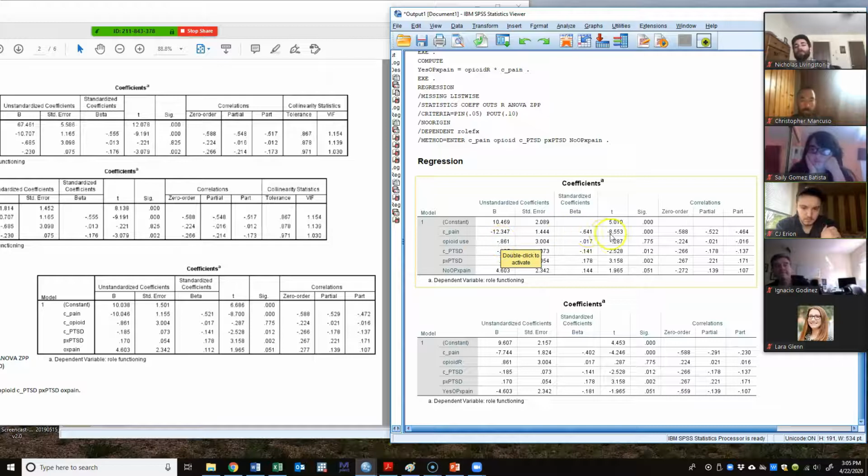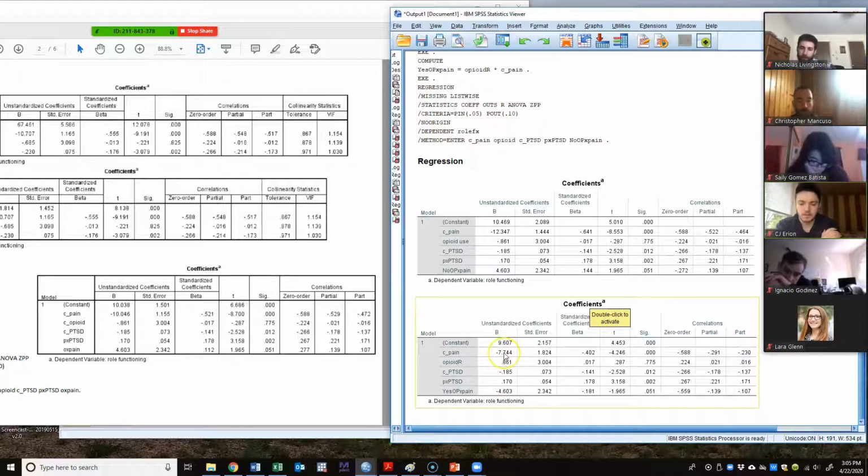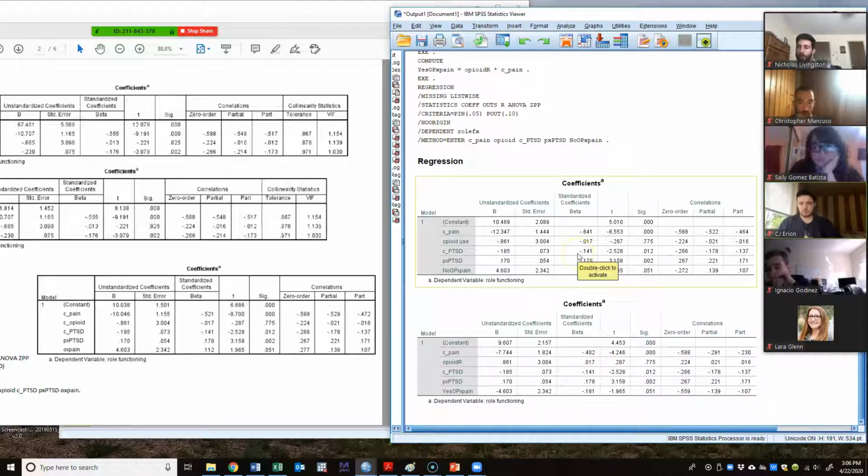And so we see a standardized coefficient of negative 0.641, which is really strong. And we have strong evidence against the null here, right? Here, we're looking at the conditional effect of pain on role functioning for people who are using opiates at average levels of PTSD. And here's my conditional effect here, right? We see, again, a pretty strong coefficient, but less steep than with no use.